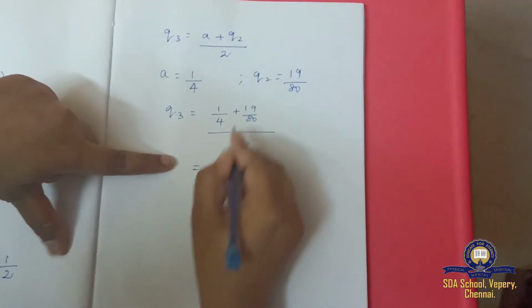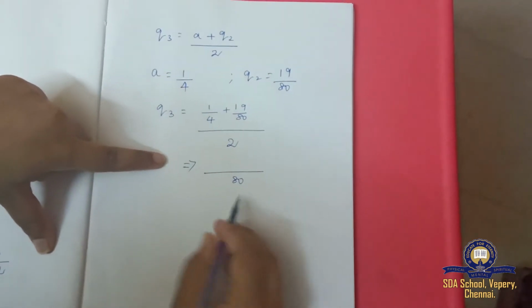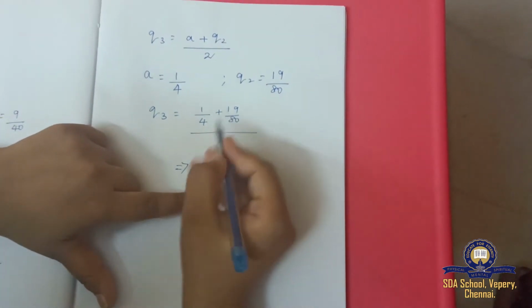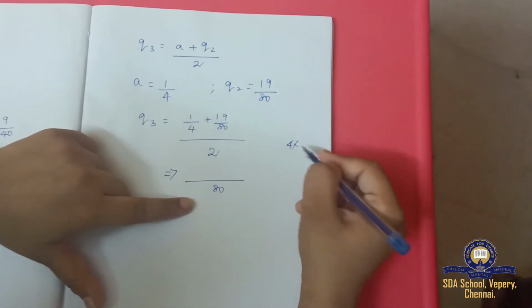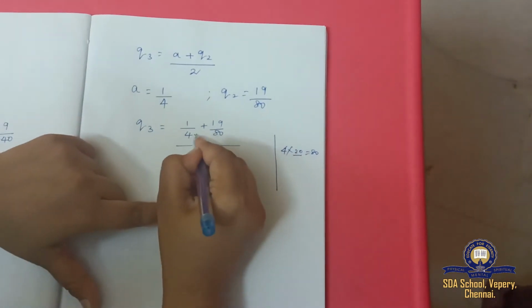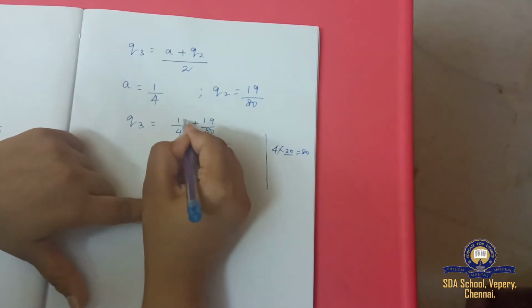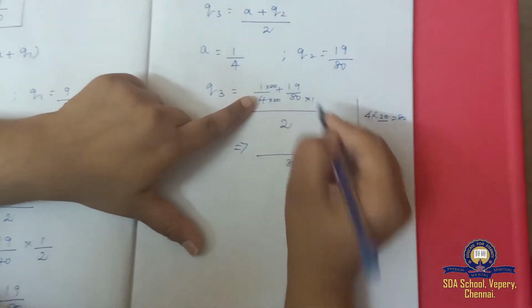Okay? You have to take LCM. What will happen if you take LCM? LCM will be equal to 80. Then 4 into what will give me 80? 4 into 20 will give me 80. Isn't it? So I will be multiplying by 20 here as well as in the numerator. Similarly, 80 into 1 will give me 80.